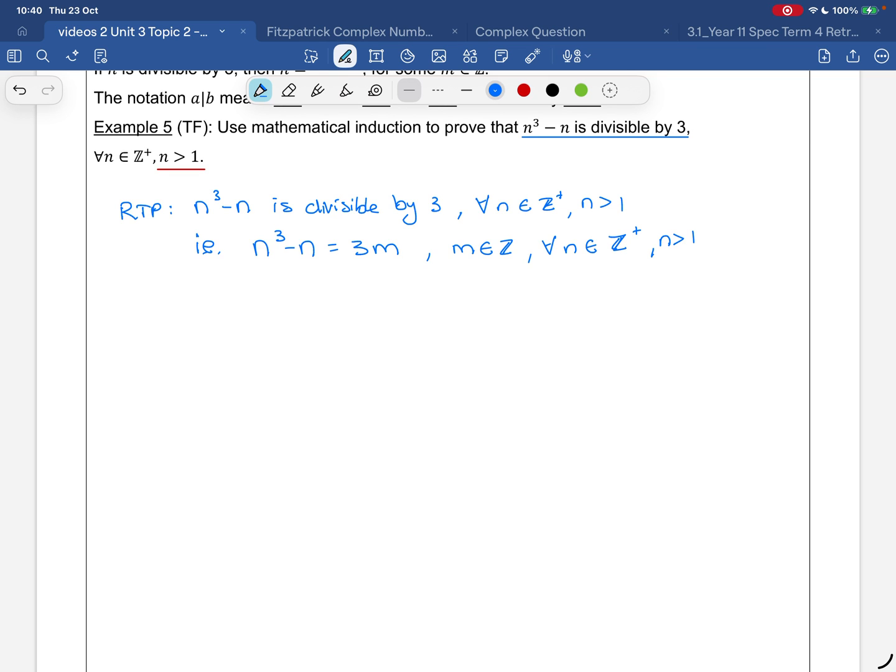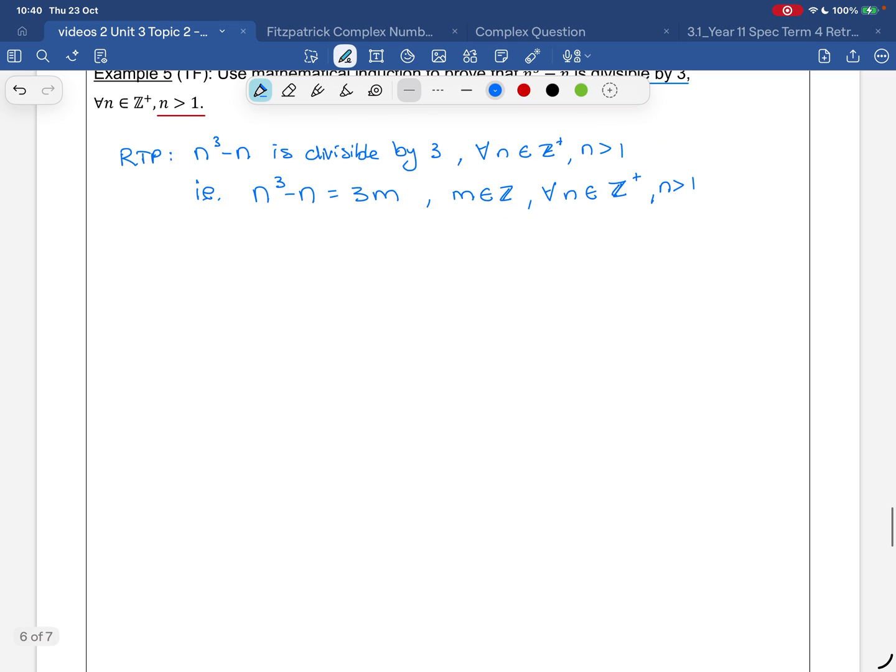All right. So once we've set this up, that the thing we're looking for is 3 times some other number, then I can go through my proof by induction. My first step is to prove that my statement is true for my base case, and in this case it's n equals 2.